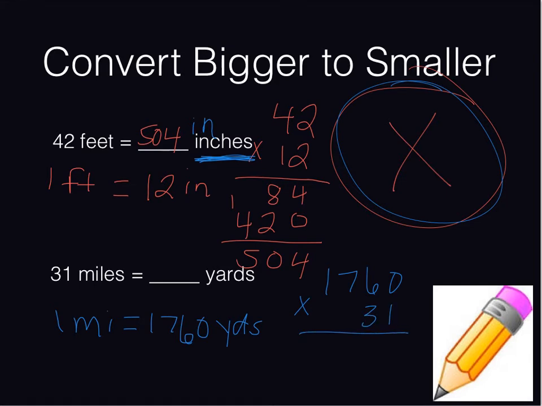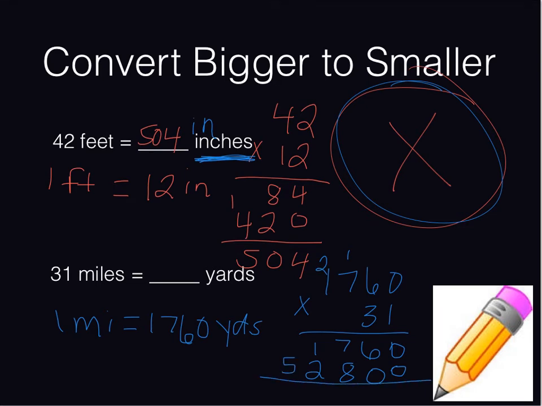1 times 0 is 0, 1 times 6, 1 times 7, 1 times 1. Then 3 times 0, 3 times 6 is 18, 3 times 7 is 21, plus 1 more is 22, and 3 times 1 is 3, plus 2 more is 5.